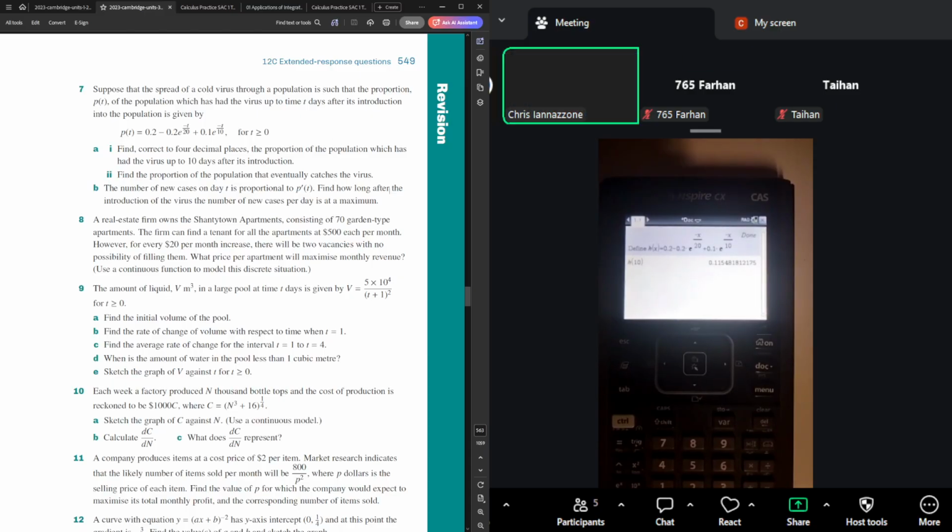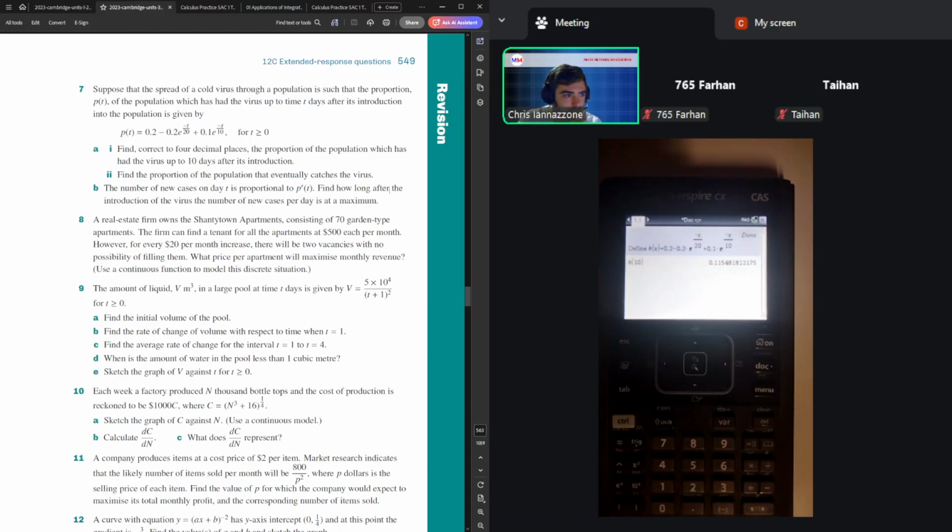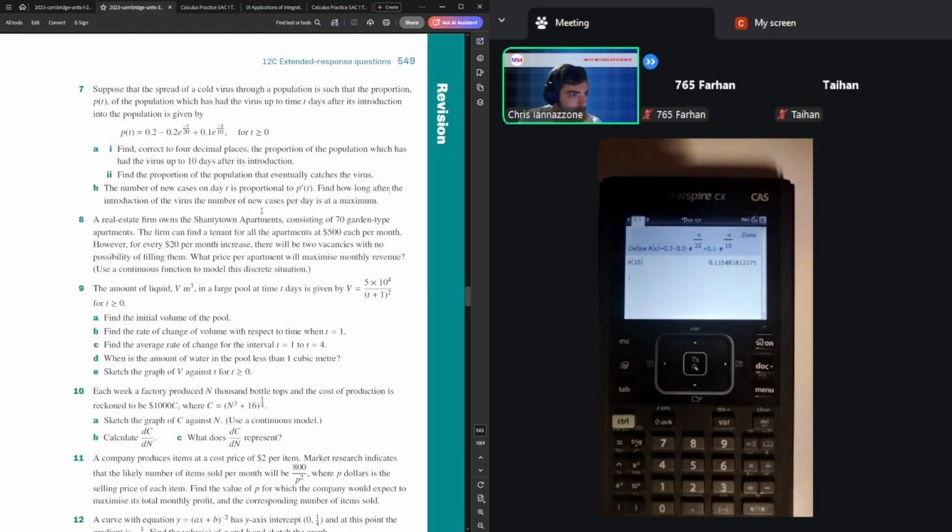Any questions on the interpretation of that? If not, feel free to move on to the next one. And with II, find the proportion that eventually catches the virus.